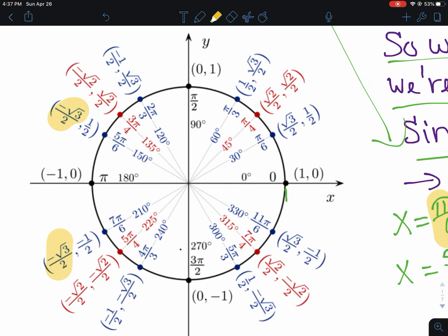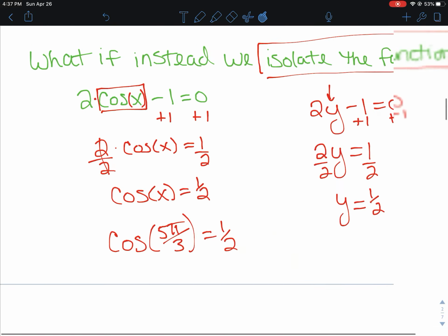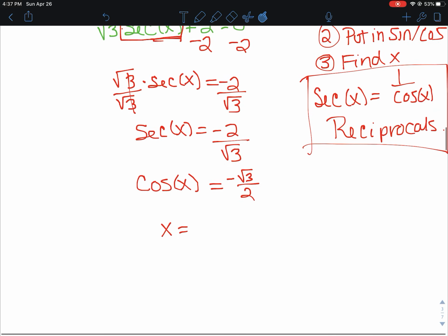Okay, so most of the time there's going to be more than one answer. There may be as many as 4 answers to the same problem. So negative square root of 3 over 2 comes from 5 pi over 6 and 7 pi over 6. That's where the cosine is negative square root of 3 over 2. So remember that, 5 pi over 6, 7 pi over 6.